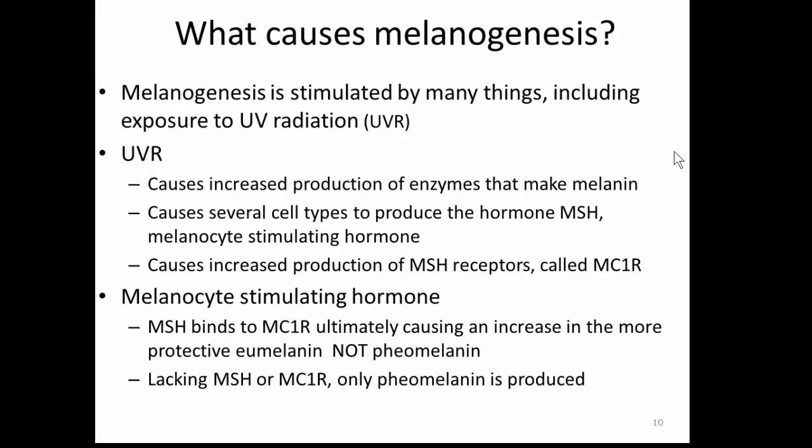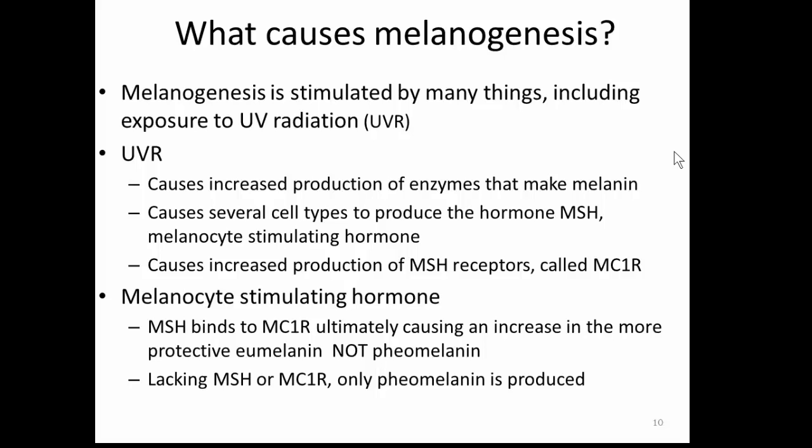UV radiation increases the production of enzymes that help us to make melanin. UVR also causes several different cell types in the body to produce a hormone called MSH, which is known as melanocyte stimulating hormone. So, for example, keratinocytes, when they're exposed to UV radiation, will produce MSH. MSH itself can increase melanogenesis. And I'll talk more about that in a little bit.